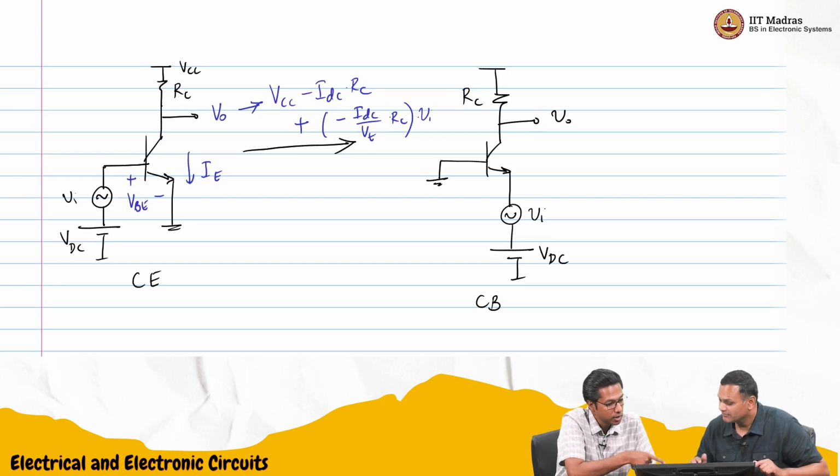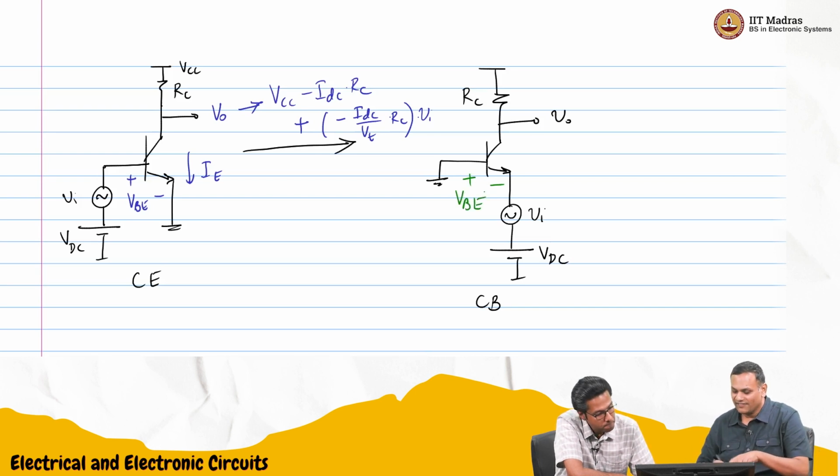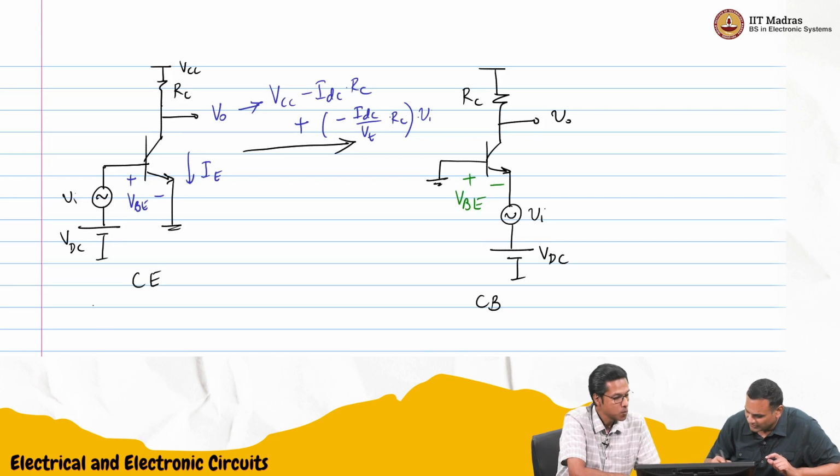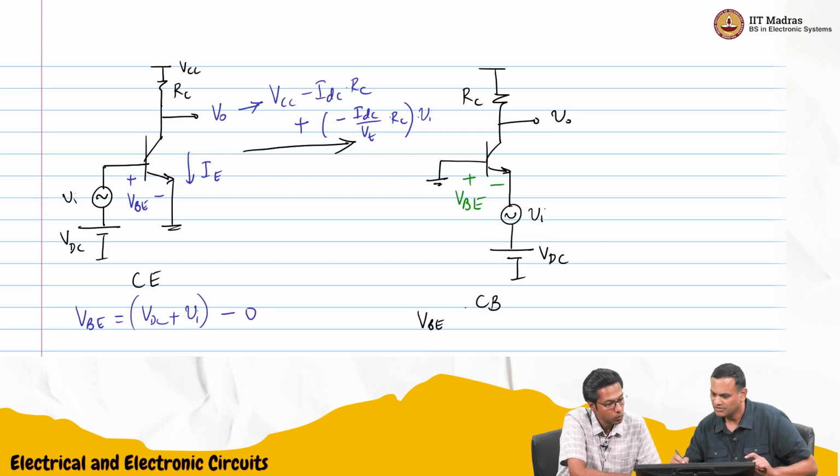Already I am seeing that here VB earlier was VBE here. So let us look at that, it will give us some direction. VBE was VDC plus VI minus 0, because the emitter was at 0. In fact, here it is VBE. Okay, I need this color.